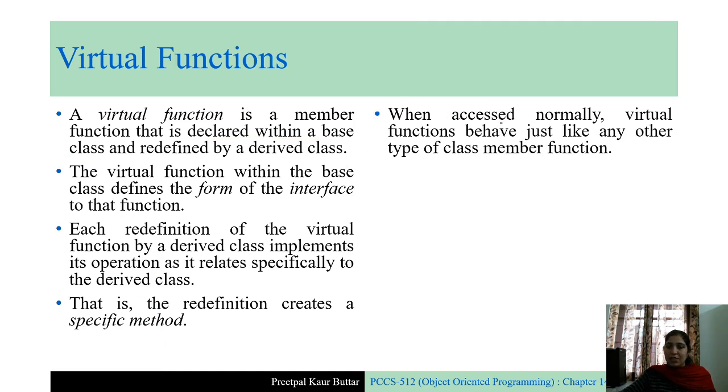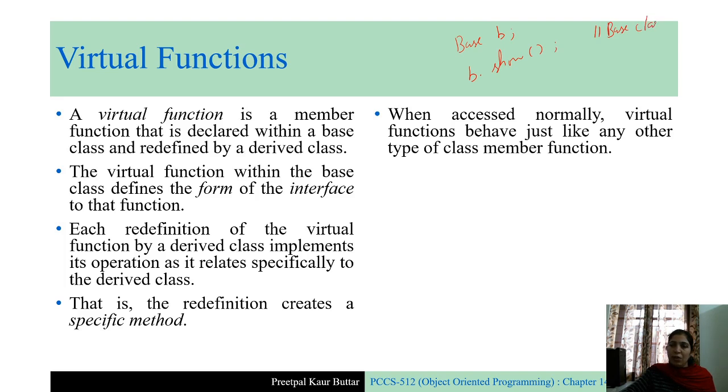So when accessed normally, virtual functions behave just like any other type of class member or class function. Okay, so if you try to access a virtual function normally, for example, in the previous case we created the base class. So let us create a base class object b, and then you write b dot show, then it will print base class.